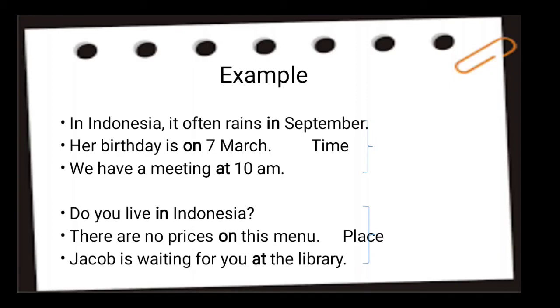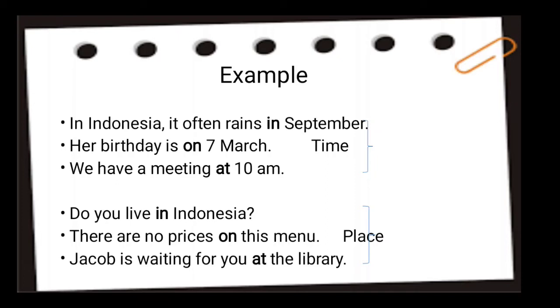Okay, and for the next example, do you live in Indonesia? We use in because Indonesia is the name of a country in the world. So we use in this sentence. And then, there are no prices on this menu.